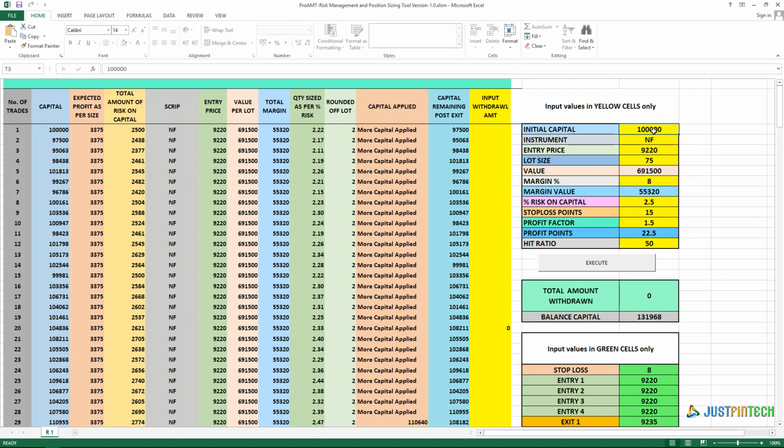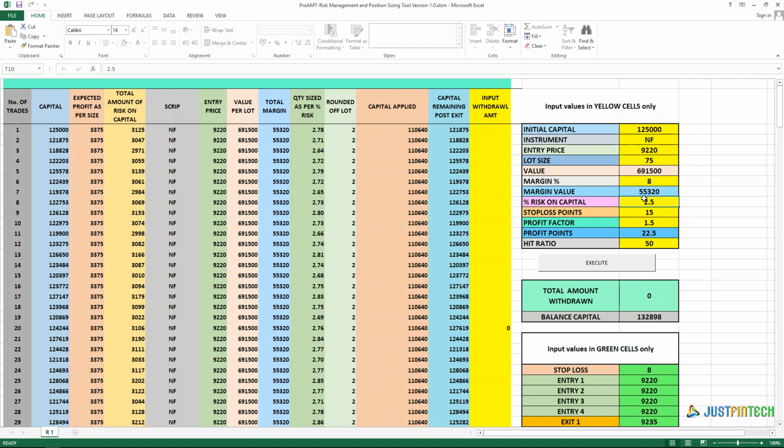Somebody wanting to trade two lots to begin with can also do a calculation like this to manage it properly. So they come with a capital size where they can trade two lots to begin with for a stop loss of 15 points.